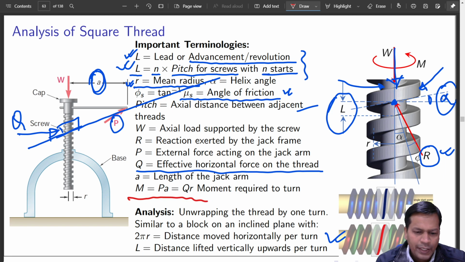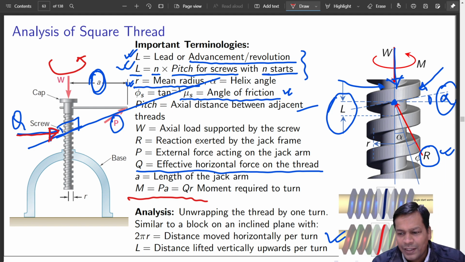P into A is the moment that is acting about this axis. This is clear. So the same moment you need to balance out. So where is that acting? It is acting by a load Q at a radial distance. How much is that distance?